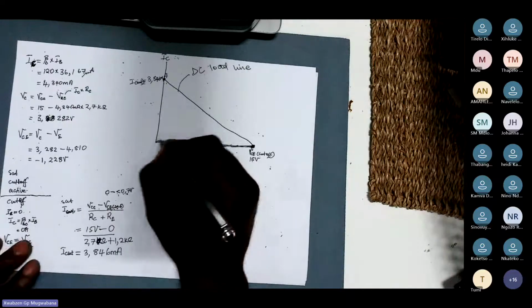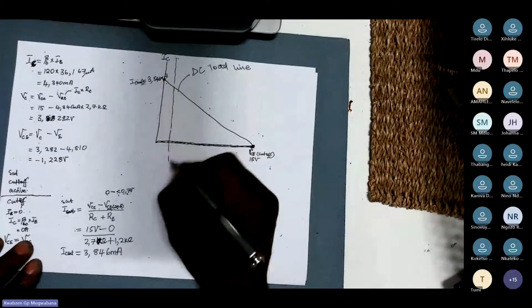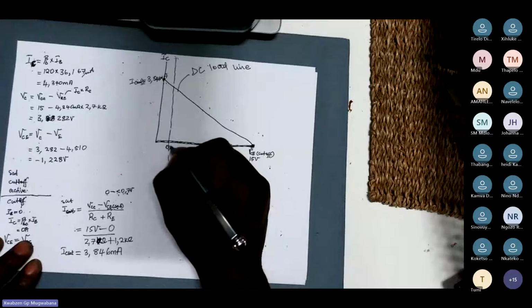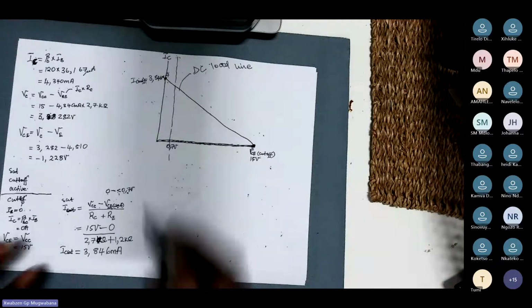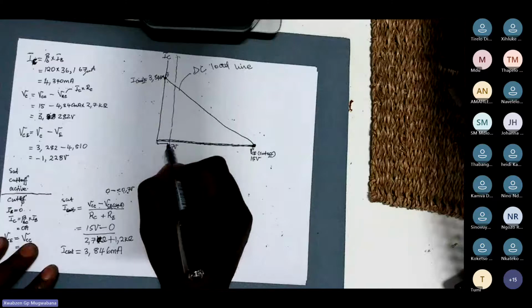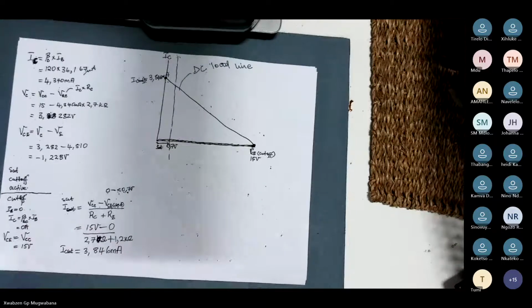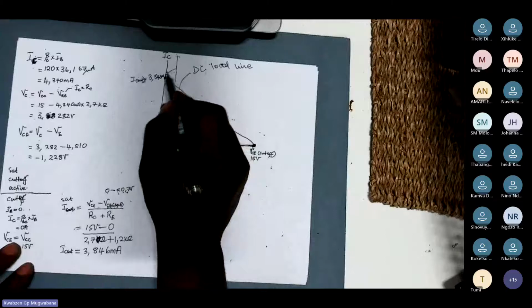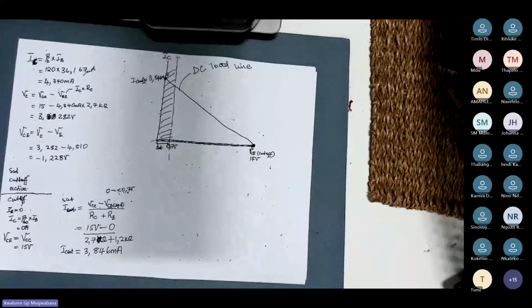Let me just write this here. The transistor will start operating at 0,7 volts. Do we understand each other on that part? From here to there, that is saturation. Is that clear? This area here, that is your saturation area. Can you see what I've done?